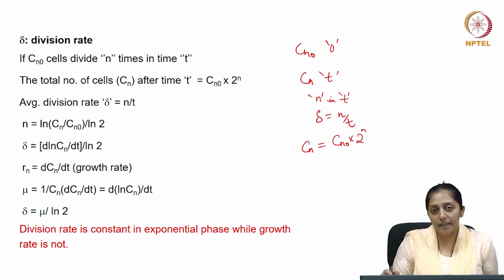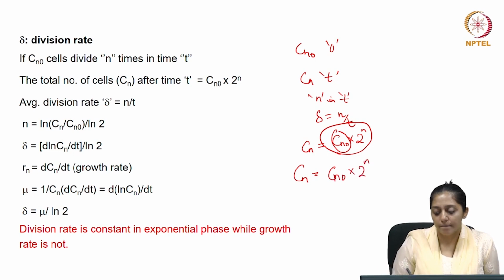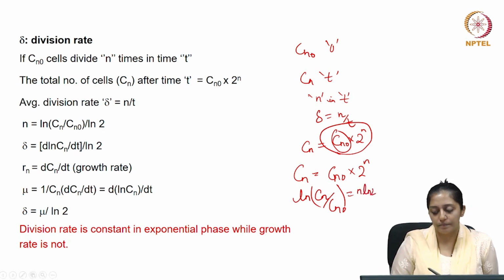So, after n divisions it will become Cn naught into 2 to the power of n, if rather than having one cell we have Cn naught in the beginning. So, now if you take a log of this equation, it will become ln of Cn by Cn naught equals n ln 2, isn't it?